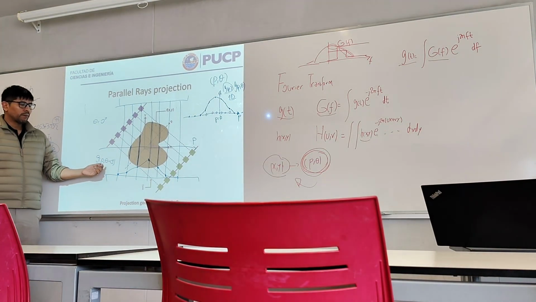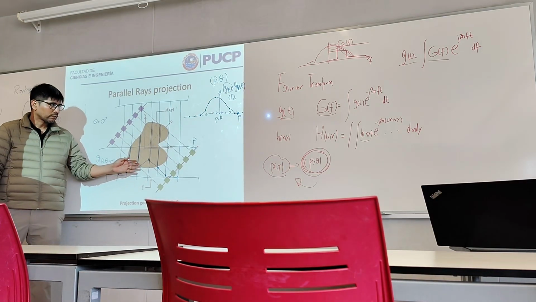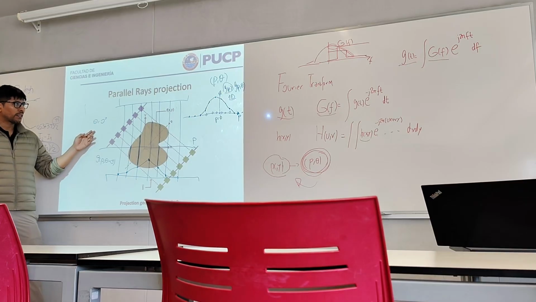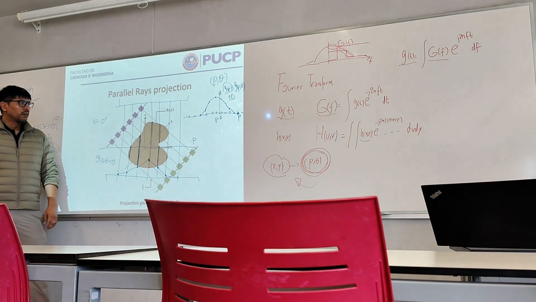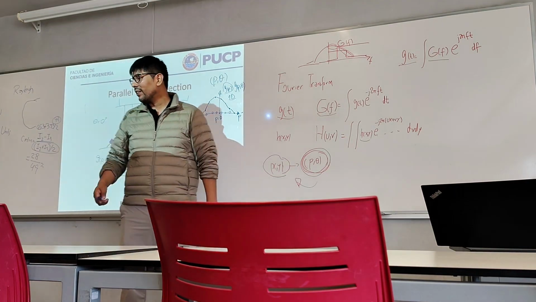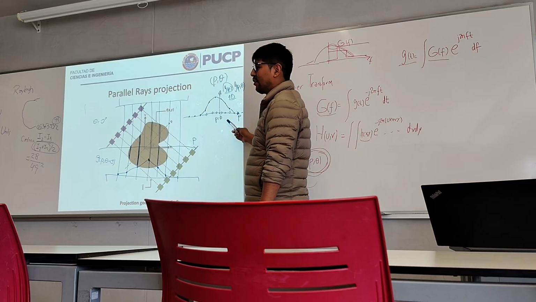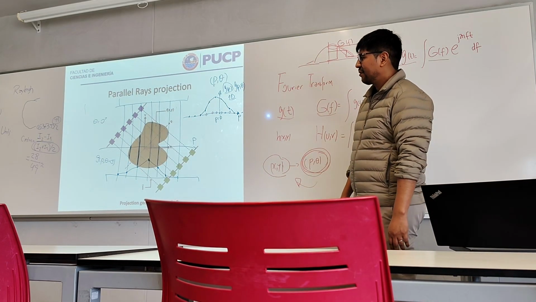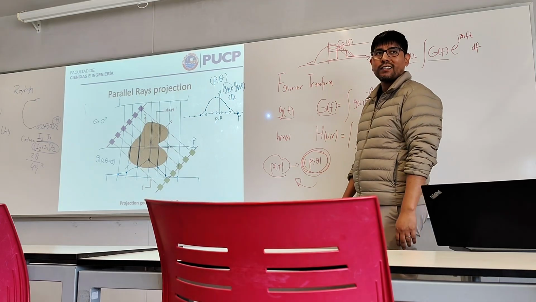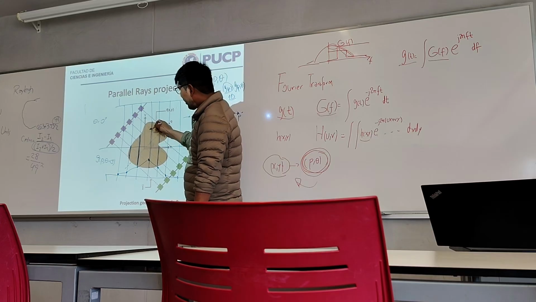So there will be many types of projections depending on the angle, many possibilities. But all of them will look like a function like this. Do you think that this 1D function is the same as this, or does it change with the angle? It will change with the angle, right? Because in this very simple example, we are saying that the projection is proportional to this length.